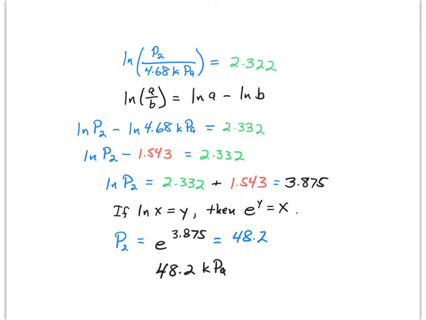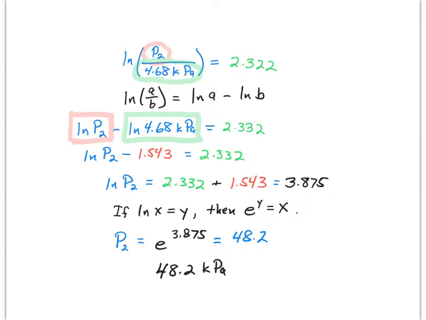We get that term, and since this term is in the denominator, then we're going to subtract this term. Okay, so now we have the natural log of our pressure 2 minus the natural log of a number is equal to this number we found on the previous page.